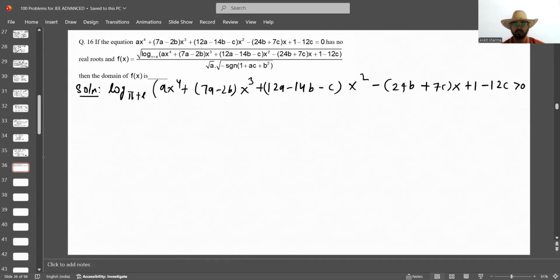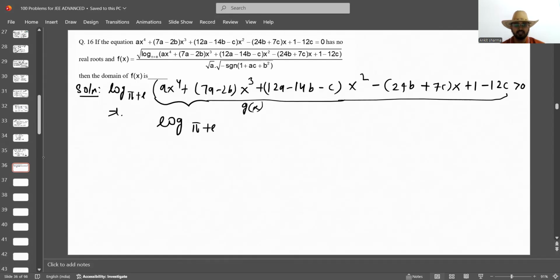This should be positive, which implies this entire quantity, I'll write as log 1 to the base pi plus e. This entire thing, I'll call g of x, better. So log of g of x to the base pi plus e should be more than 0, which I can write as log 1 to the base pi plus e.